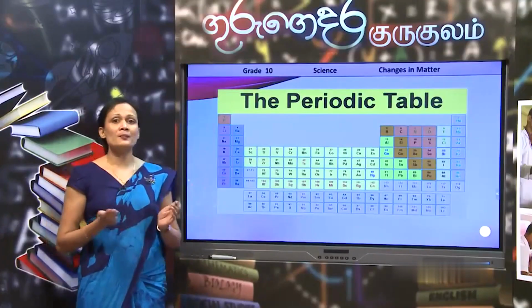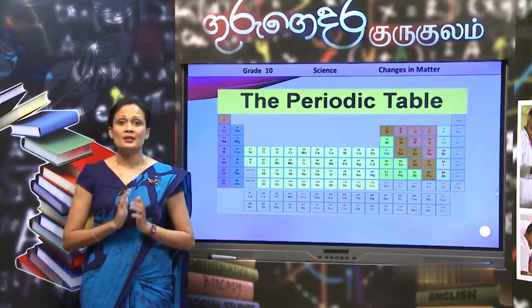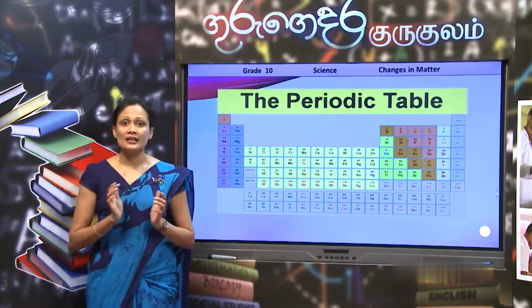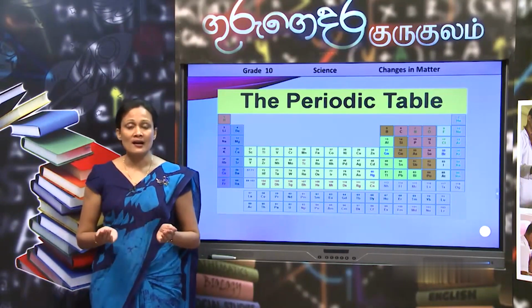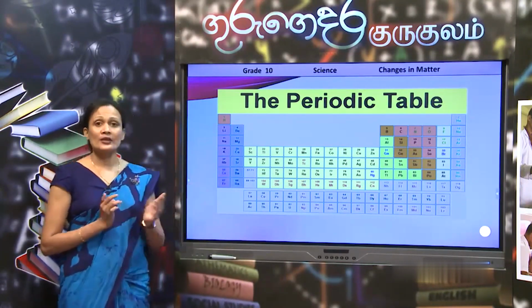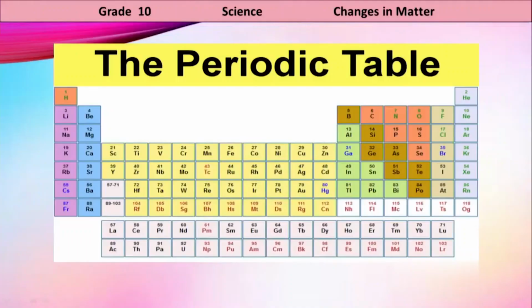Look at this, children. The periodic table. You know about that one. The periodic table includes a number of elements. The elements are put into the periodic table according to their different properties.